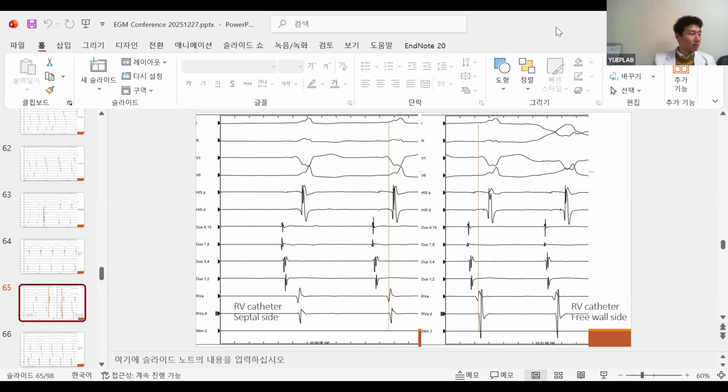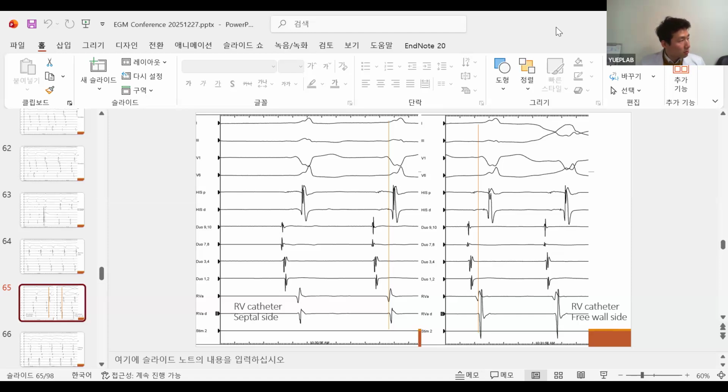You put the duodenal catheter around the His, anteroseptal, or right anterior annulus area. You can map and manipulate the catheter for better visualization of the A and V signals. Put the catheter just on the tricuspid annulus, and you need to confirm that this is the A signal and the V signal by VA block and AV block.